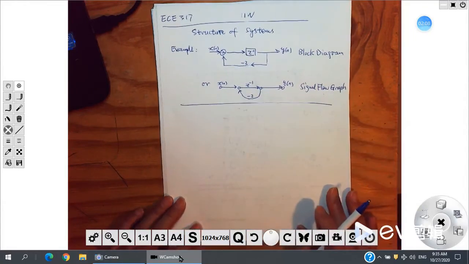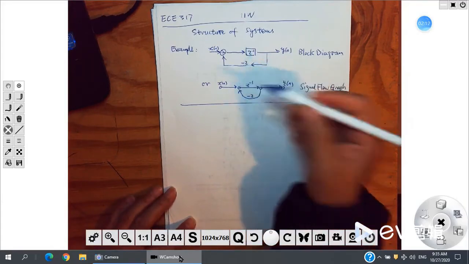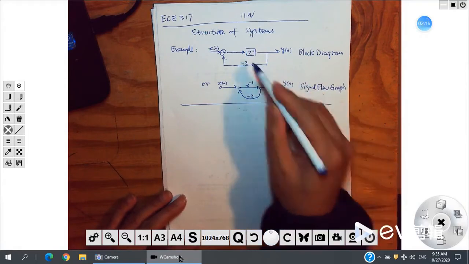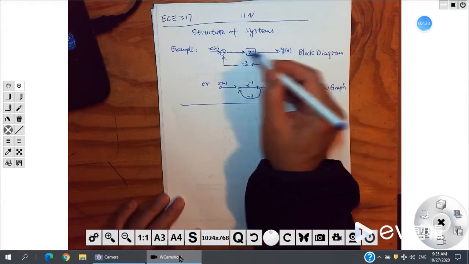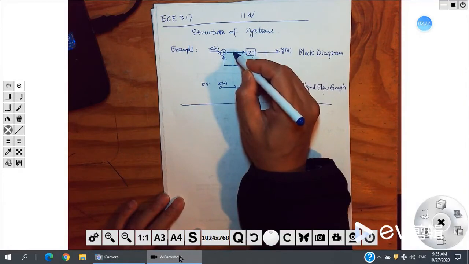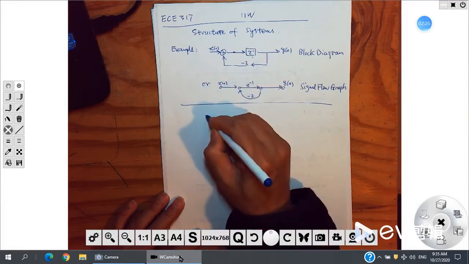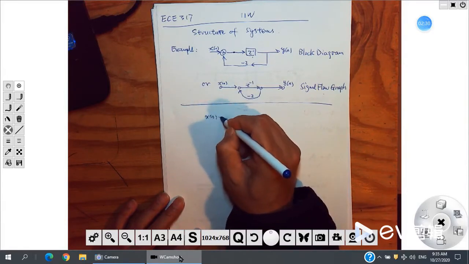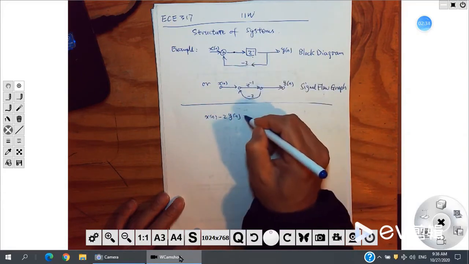And for how to get the transfer function, you just list some equations, then try to solve it. For this one, we can have it very simple. This signal is the summation of x of n and that one, right? So it is x of n minus 2 of y of n. It will equal this signal.